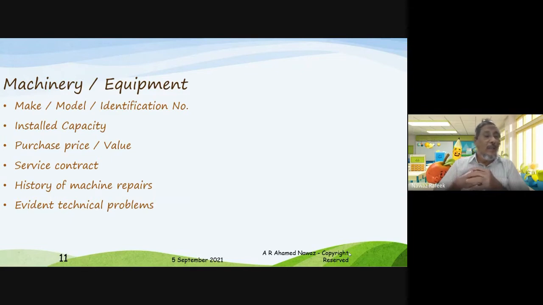Then installed capacity. As I told earlier, the vendor quotes the capacity of manufacturing so much. But when we are granting a facility, we do not consider 100% capacity. It is either 75 or 80%. We keep a small margin for any improvement needed, not 100%.